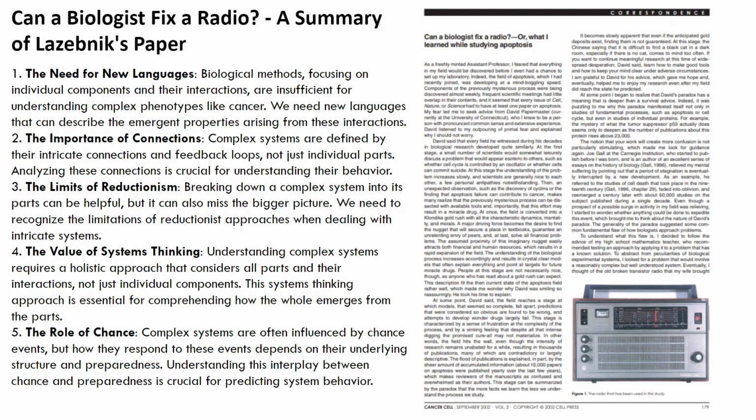The third point is the limits of reductionism. Breaking down a complex system into parts can be helpful, but you may also miss out on the bigger picture. We need to recognize the limitations of reductionist approaches when dealing with intricate systems. So that is what I was talking about.